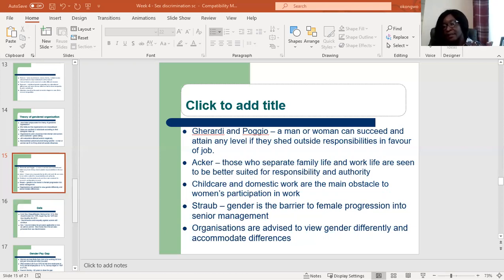Straub said that gender is the barrier to female progression into senior management positions, because of the differences in their work life and family lives as compared to that of a man. And then women have been blamed for lack of ambition to get to the top of organizations.